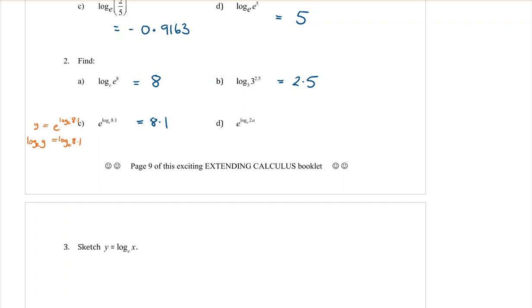Because they are both log base e's, those things at the end there must be equal, which means that y must be equal to 8.1. Just kind of showing you how it works by using a sliding base as well. And D, now that we've established that it works, base e of log base e cancels out, so my answer is going to be 2a.